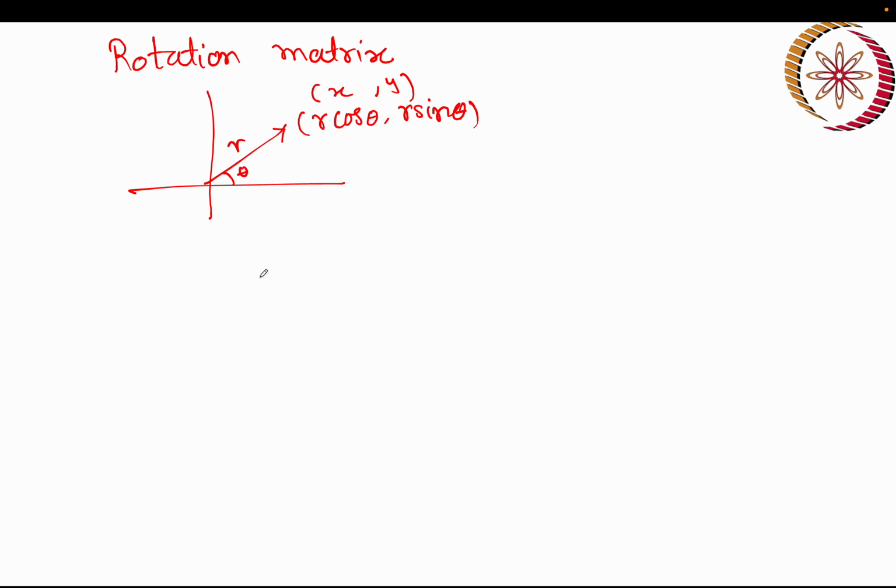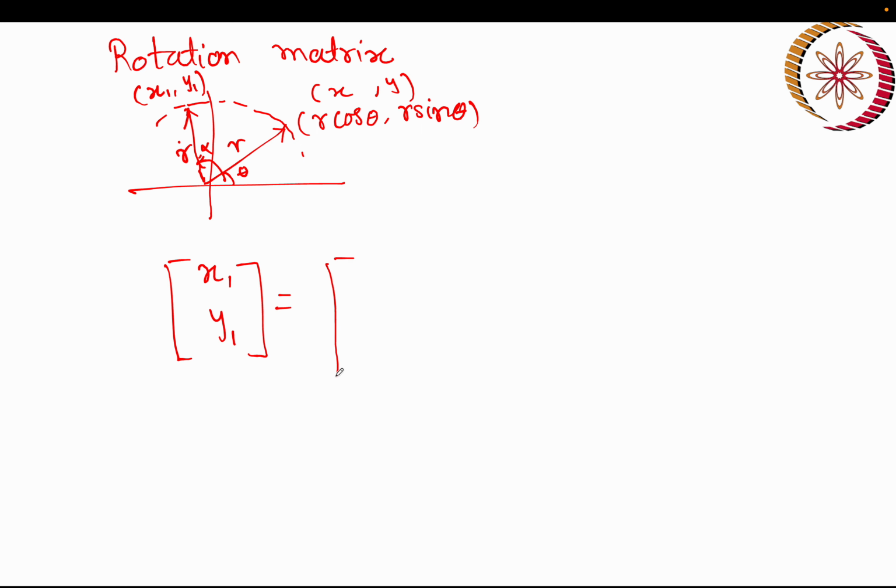What we want is to rotate this vector by some angle, let's say alpha. In this rotation, the magnitude r should not change, and let's say the new coordinates are x1 and y1. Somehow we want to get these from x, y.